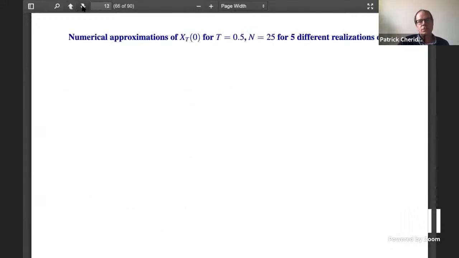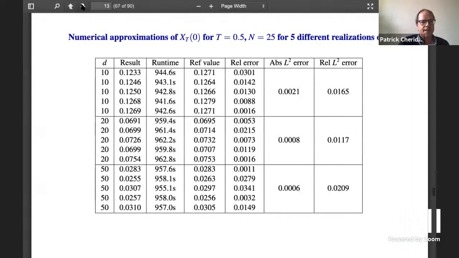Okay, and so you can use exactly the same method, pathwise conditioned on the observation process C. And so again, I'm giving you numerical results here for the approximation of X capital T at 0 for T 0.5, 25 time steps, and 5 different realizations of the observation process C. Okay, so this is a bit harder now to compute, but we can still do this up to 50 dimensions quite easily.